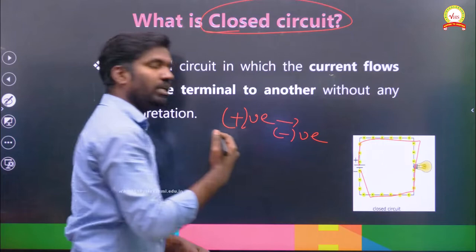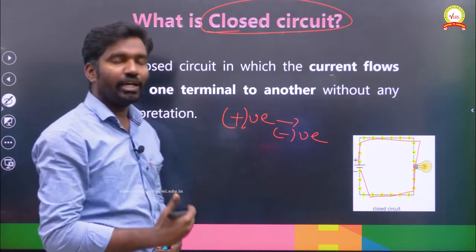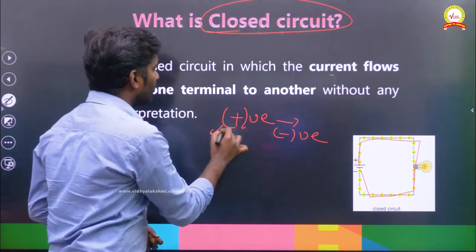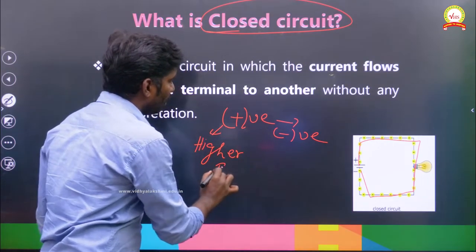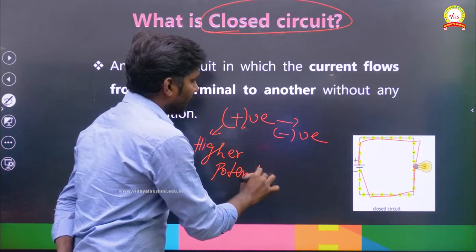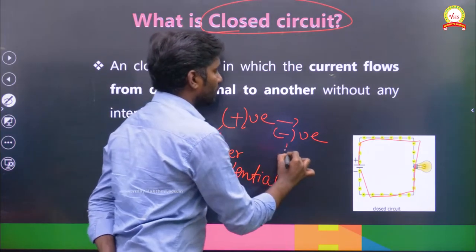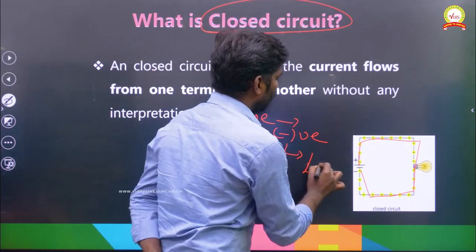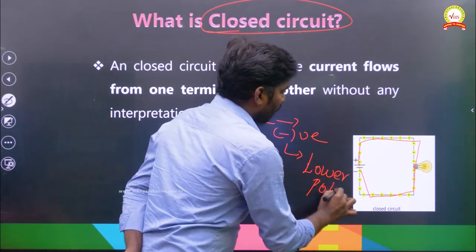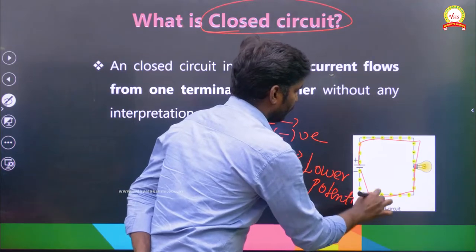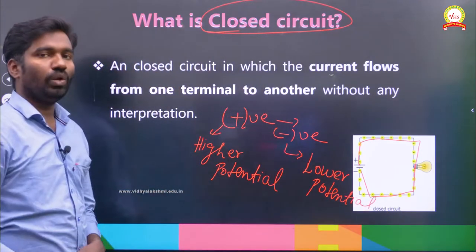So already we said that whenever the current is flowing from higher potential, that means positive is considered as a higher potential and negative is considered as the lower potential. So whenever the current is flowing from higher potential to the lower potential, then we will be calling those types of circuit the closed circuit, high potential to the low potential.